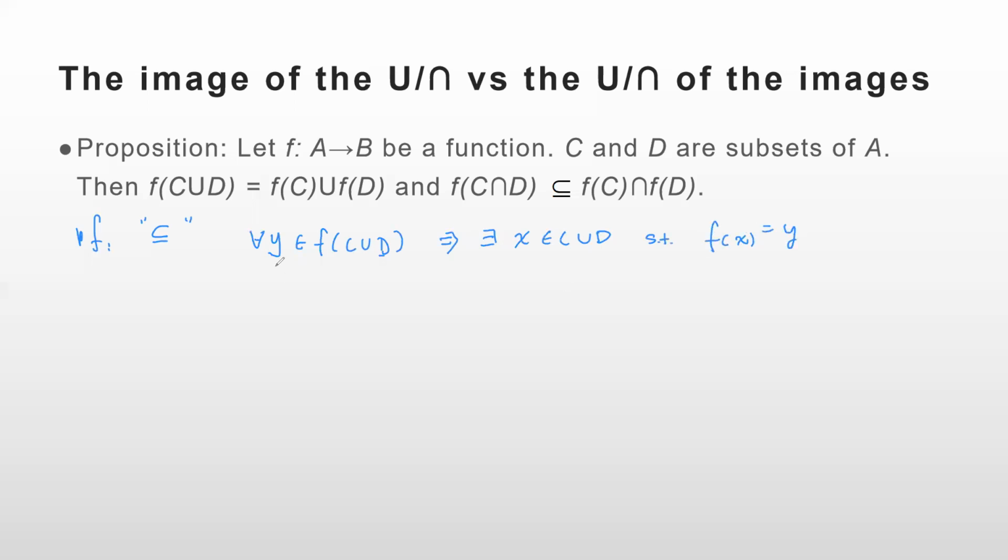That's what this statement means. All right, so then we have x in C union D, so x should be in C or D. So x is in C or x is in D, such that you have f of x equals y.